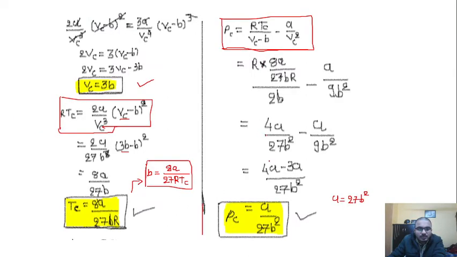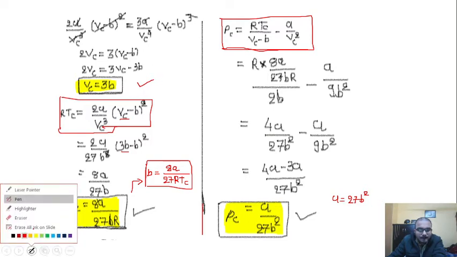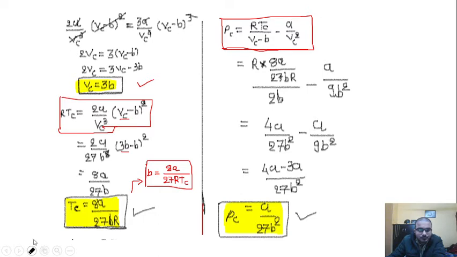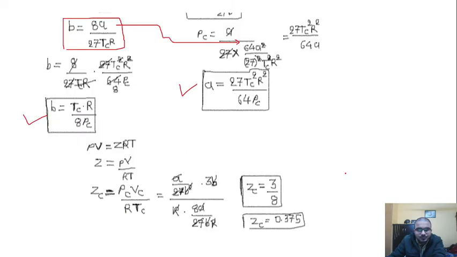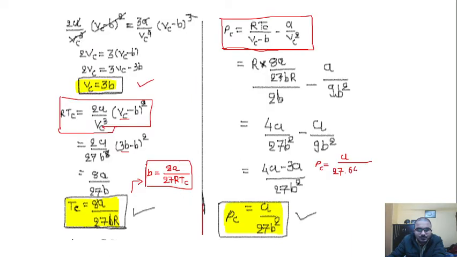What we have done here is PC is equal to a divided by 27 into 64 a square divided by 27 square r square tc.